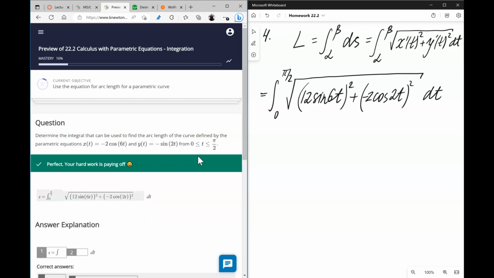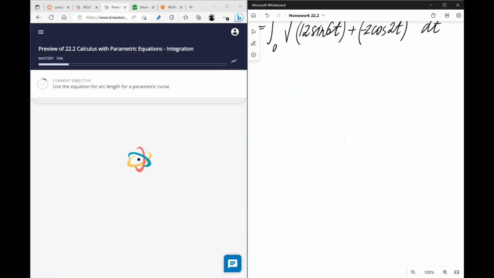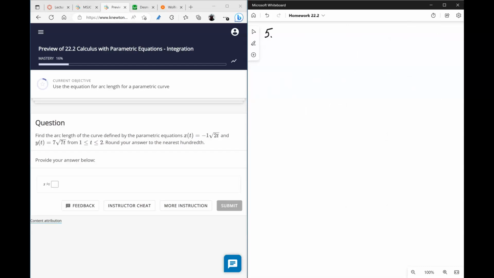That was pretty straightforward. And now we are asked to find the arc length. So we're now going to use the formula. We have an integral from alpha to beta, square root of x prime of t squared plus y prime of t squared dt.